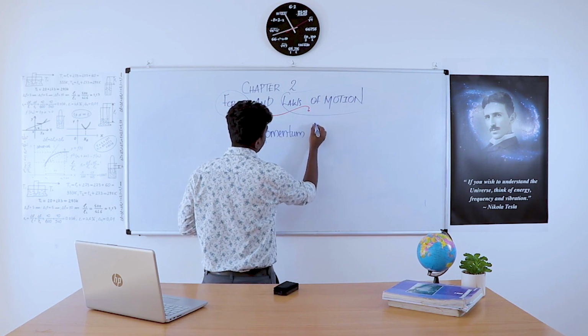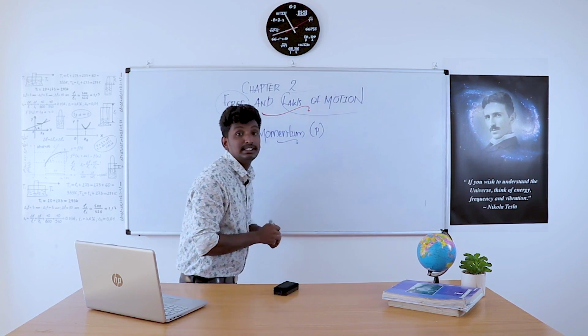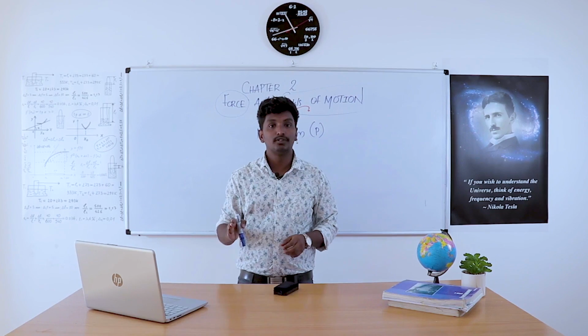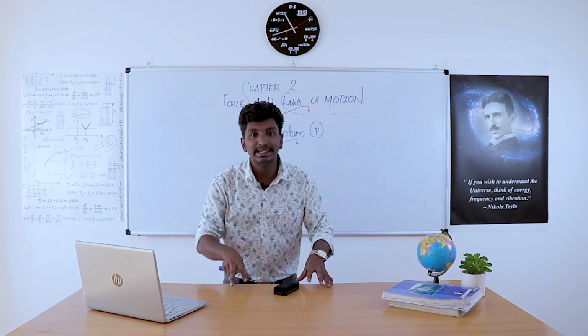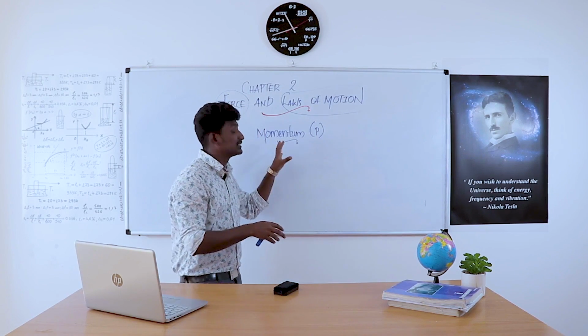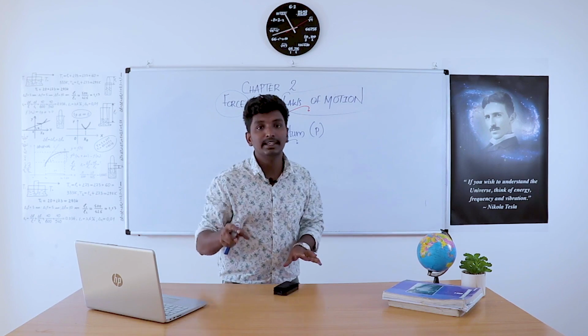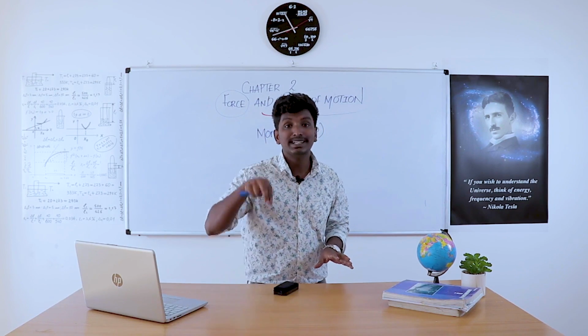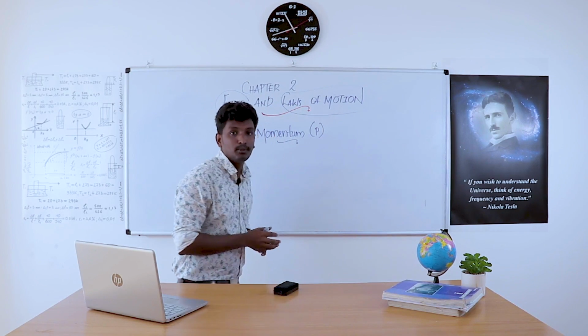Momentum, represented by the letter P, is the characteristic feature of a moving object. That means an object at rest does not possess momentum. The term momentum is only for objects in motion. That means only moving objects possess momentum.